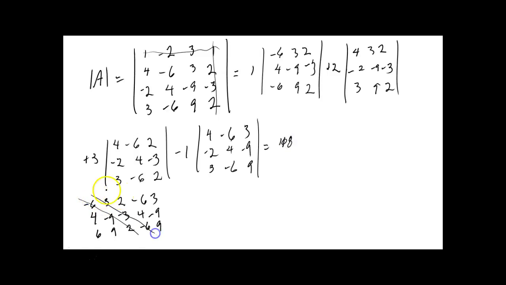And this one's going to be a 9 times 6, positive because there's 2 minus signs. So 9 times 6 is 54, so that's a +54. Okay? And then our last down diagonal is 36 times 2 is +72. I hope I'm doing this right.